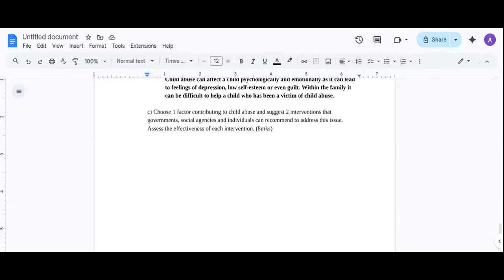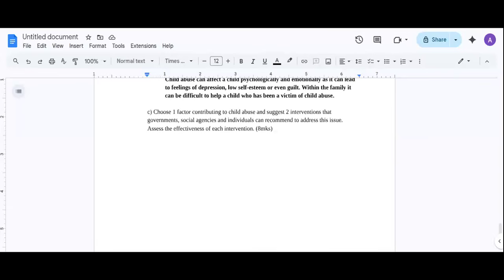Tanishka. Rehab programs, where the government and social agencies can provide counseling and rehab services to help parents overcome substance abuse. Individuals can also encourage affected persons to seek help. Good. Somebody said providing affordable childcare and discouraging corporal punishment.